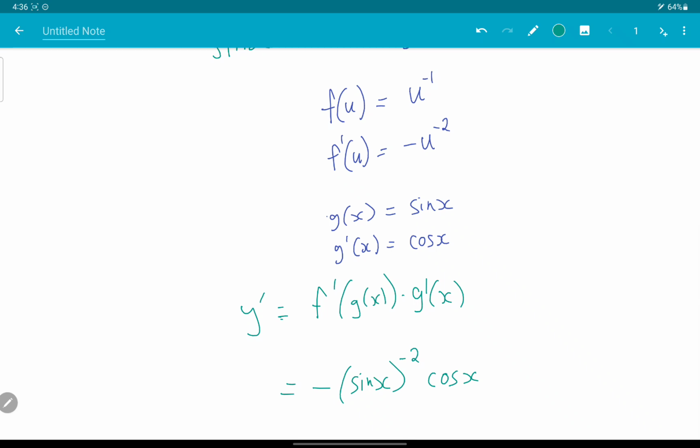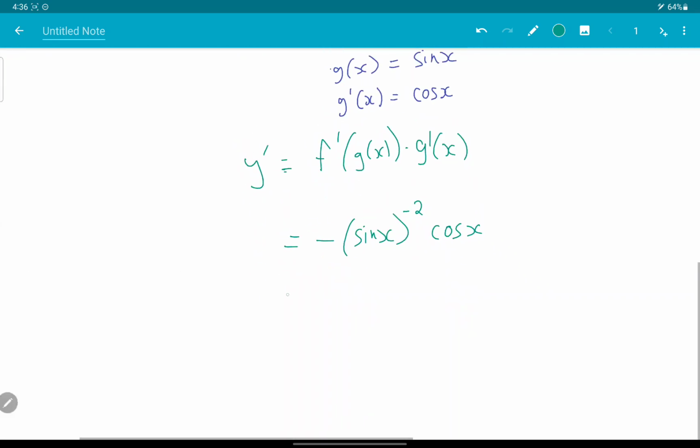And we typically simplify this as follows. Leave the minus out front, and we will have 1 over sine x times cosine over sine.